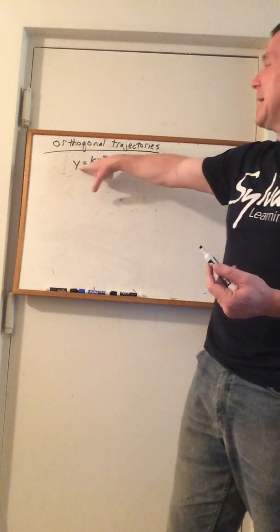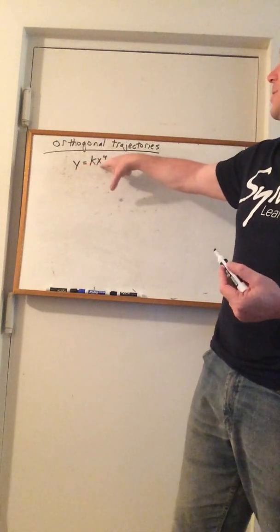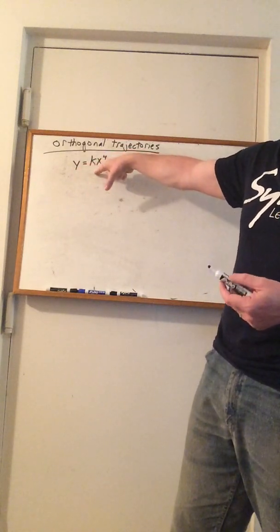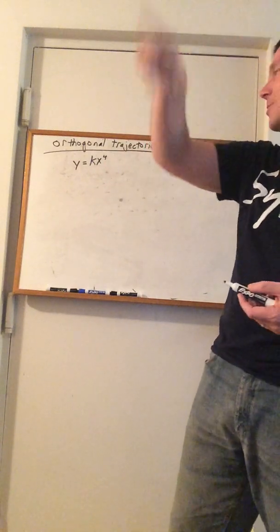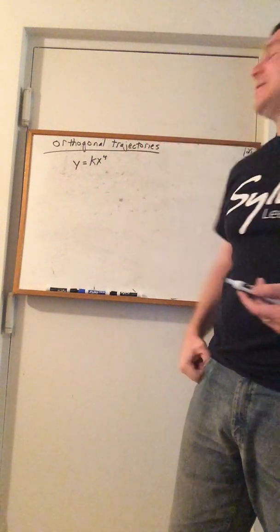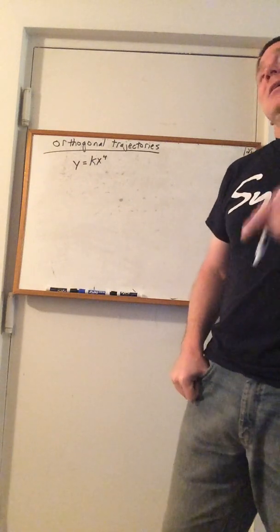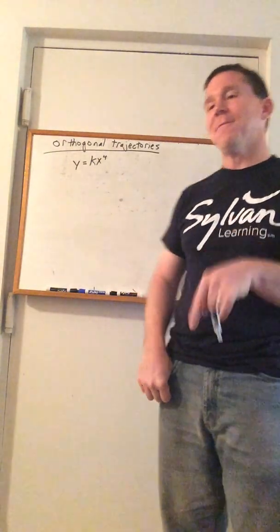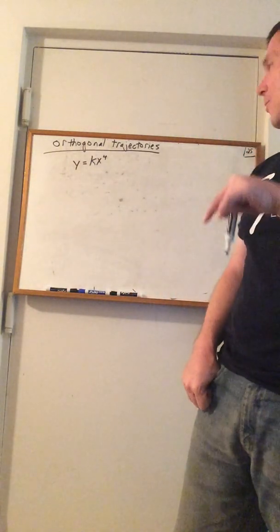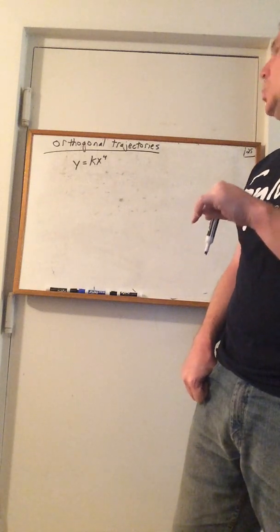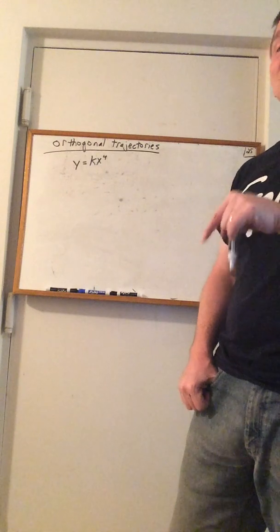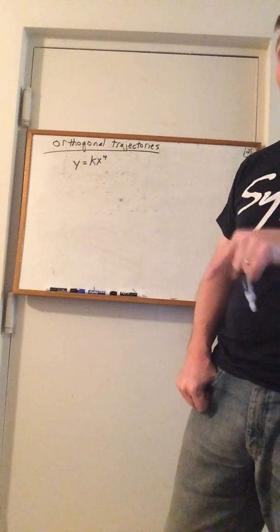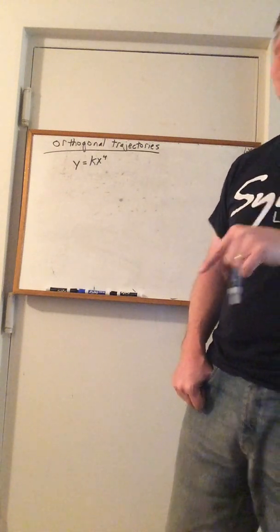Essentially the idea is, think about these curves, x to the fourth with any constant k there. You can see all of the fourth degree power functions, with different values of k. You now want to find a family of functions that for any k will be perpendicular to those at any point where they intersect, meaning the tangent lines will be perpendicular.